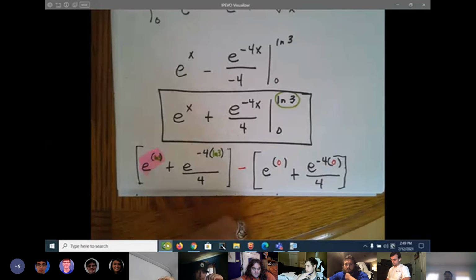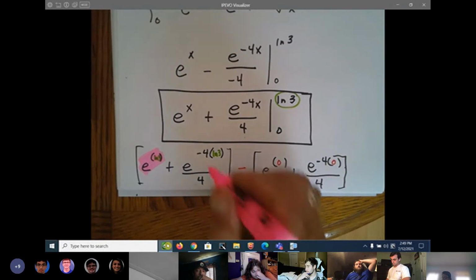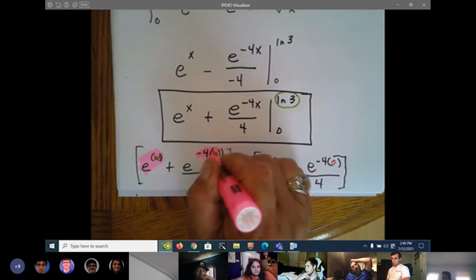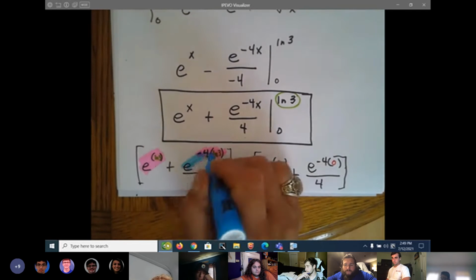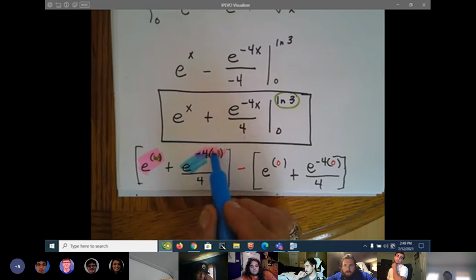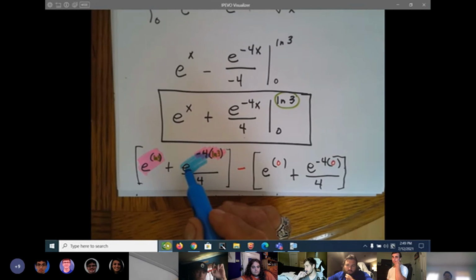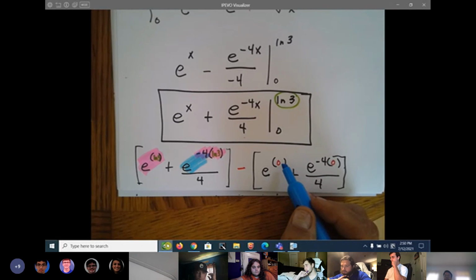You're going to use the properties of logarithms here, here, and here before you even start. Everybody in the classroom should know what anything to the 0 power is. What is e to the 0?